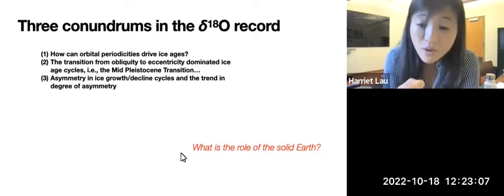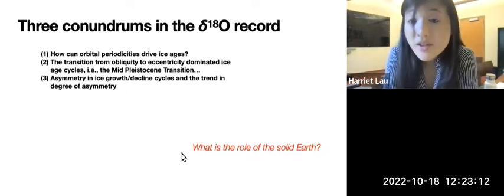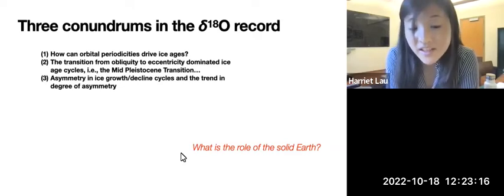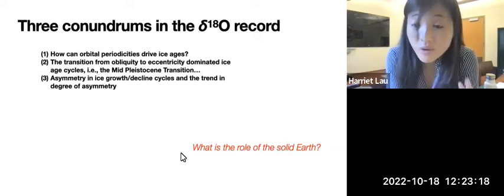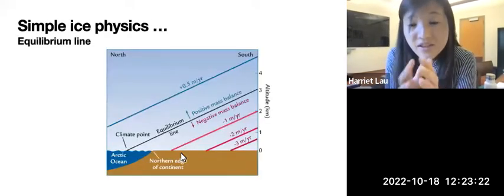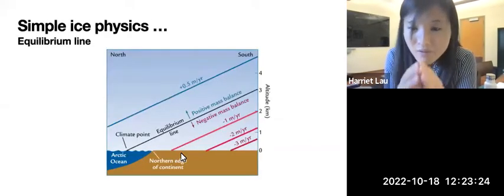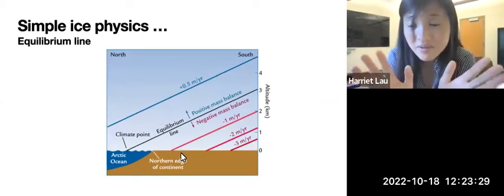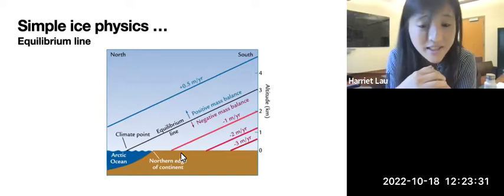And finally, what is causing the asymmetry in growth and decline of ice to increase over the Pleistocene? What I'd really like to discuss today is the role of the solid Earth in all of these kinds of processes. First, a brief primer in very simple ice physics, and what I describe here is as sophisticated as it gets for me.